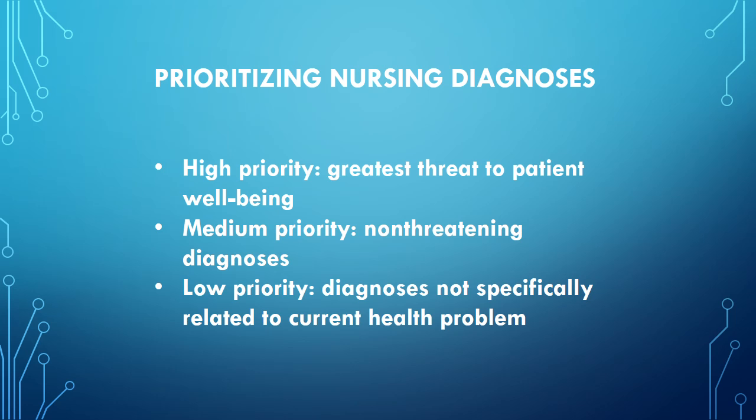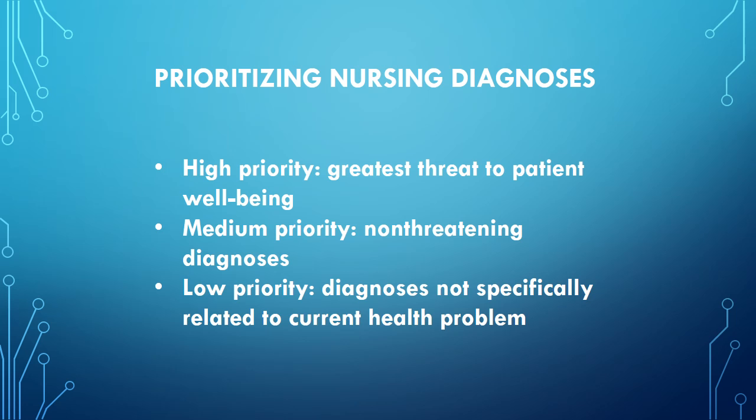A medium priority problem is one that is non-threatening to the patient's immediate well-being. Something like, for example, maybe activity intolerance would be of medium priority. A low priority problem is when we identify a diagnosis that's not specifically related to their current health problem, but we won't ignore it, but we will certainly deal with the high and medium priorities first.